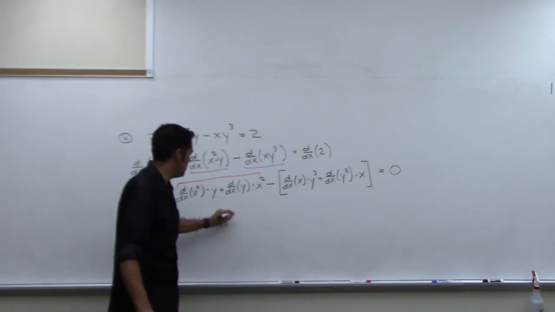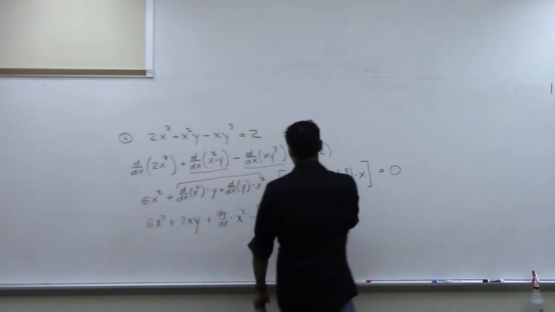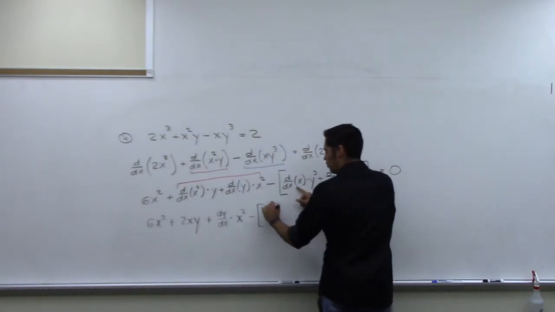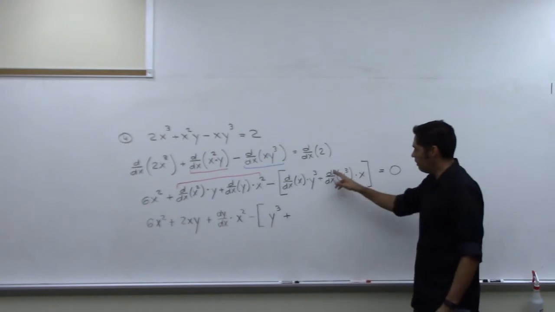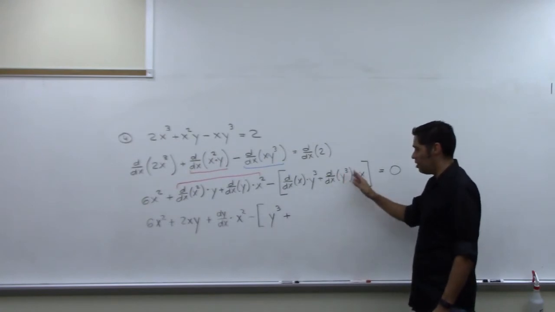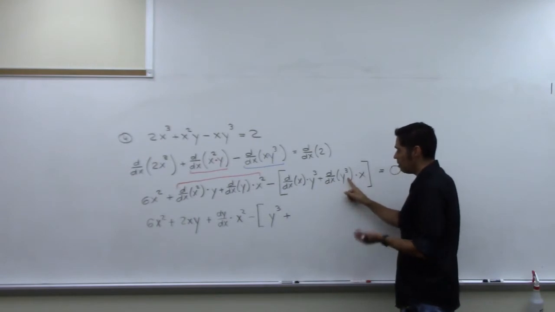But then still times x squared, then minus, in this bracket, the derivative of x with respect to x, that's just 1, but then times y cubed, so I'm just going to put y cubed, plus, now, the derivative with respect to x of y cubed, there's no x's in here. So we're going to do power rule, but we also have to remember to do chain rule because we're assuming y depends on x.